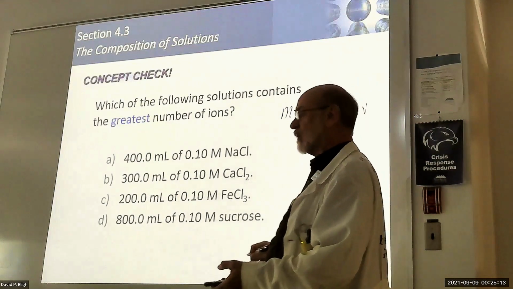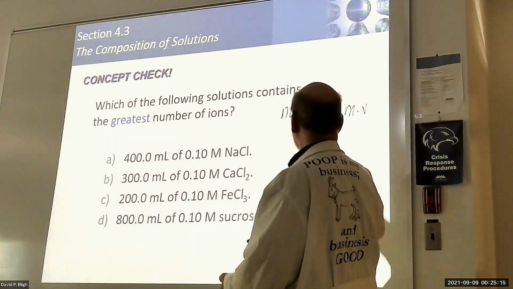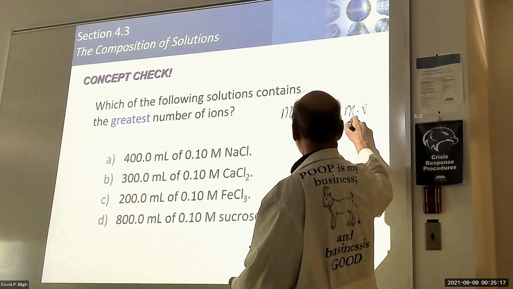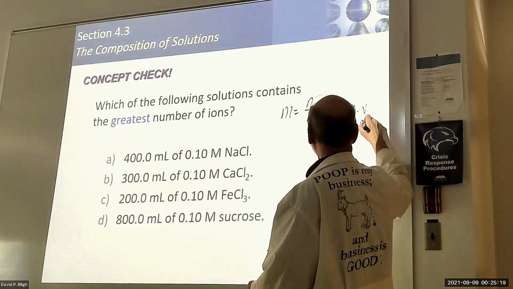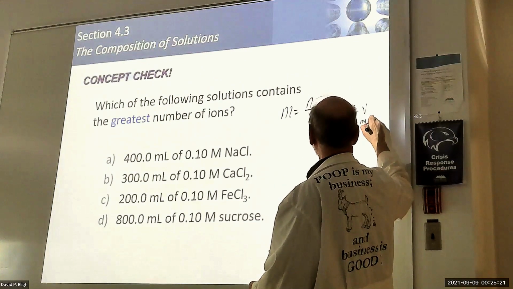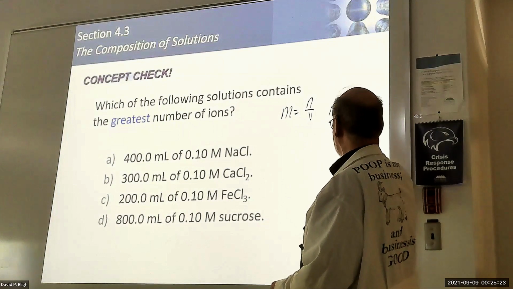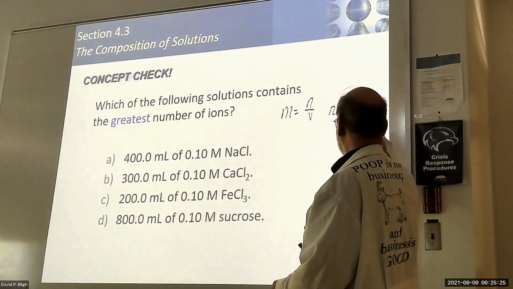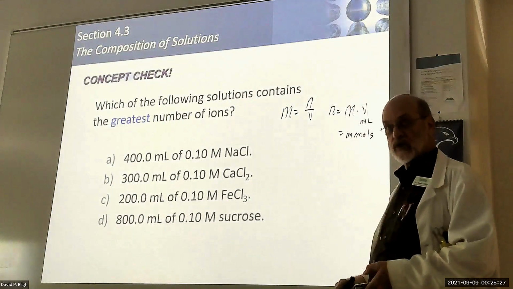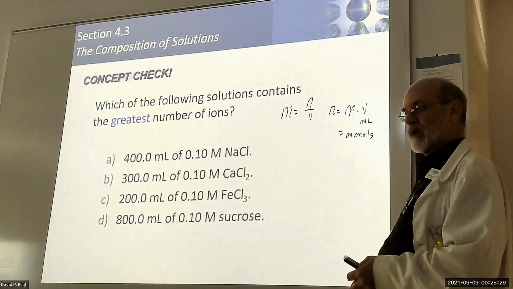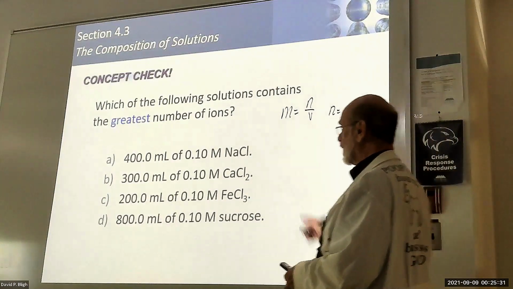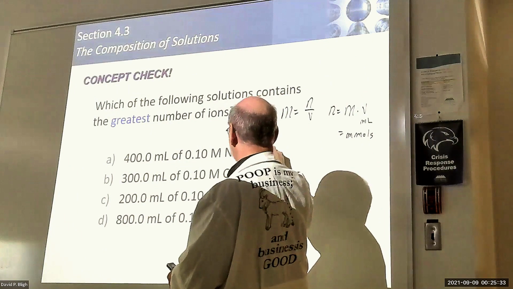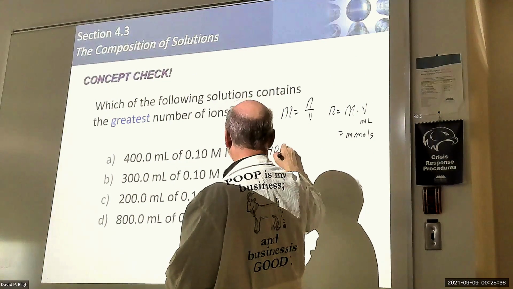But save yourself some trouble. If you multiply molarity times milliliters, what are the values? Millimoles is what you get. Okay. So if we multiply 400 times that, we get 40 millimoles.